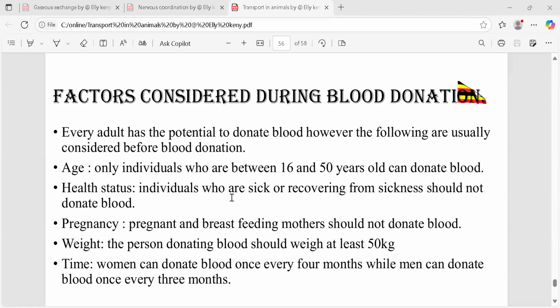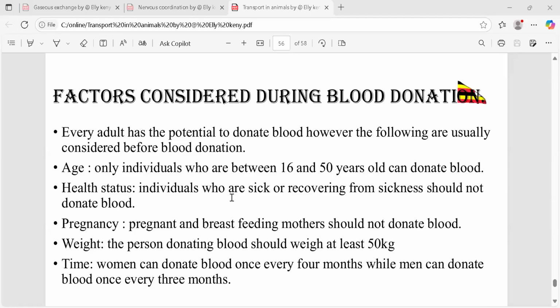Yeah, you're adolescents, so you can still donate blood, but the age must be between 16 and 50 years old. If you're below that, the moment you go and donate blood, you'll faint. They usually take 16 because at least you're nearer the age of consent. But below that, you're still too young to donate blood.